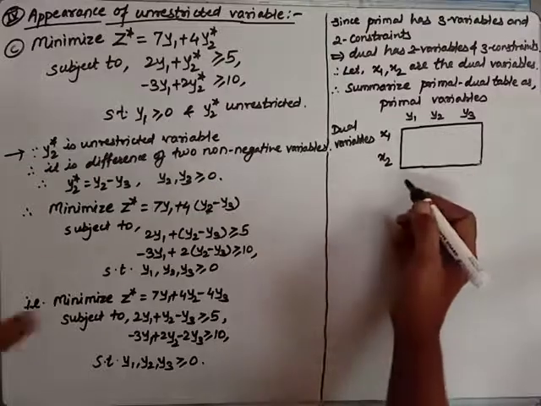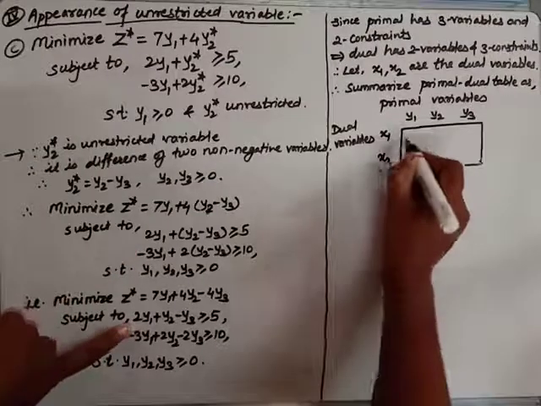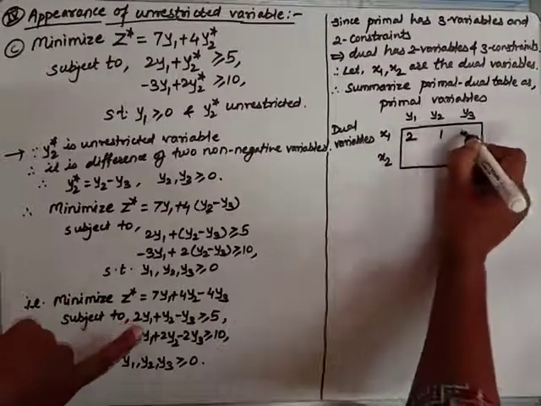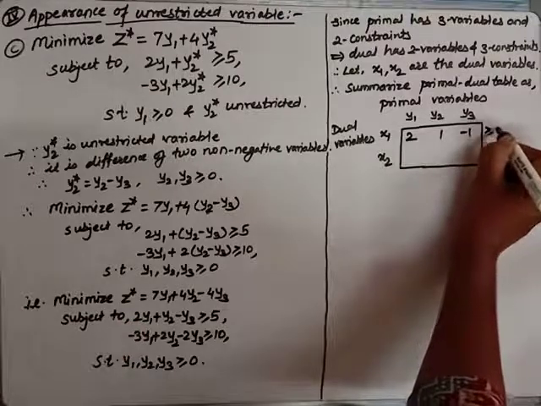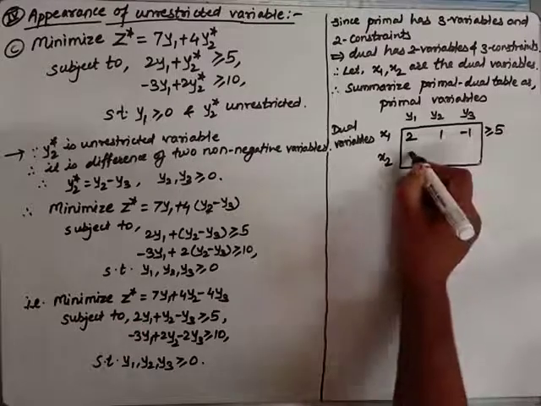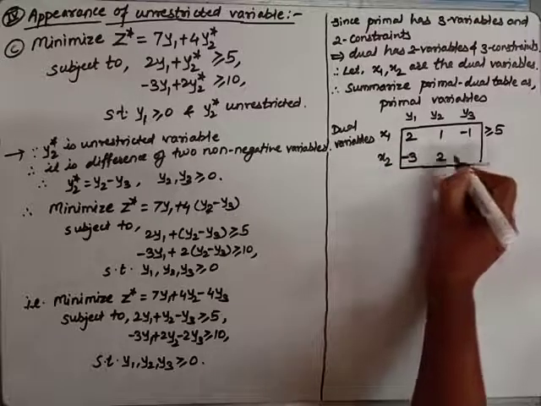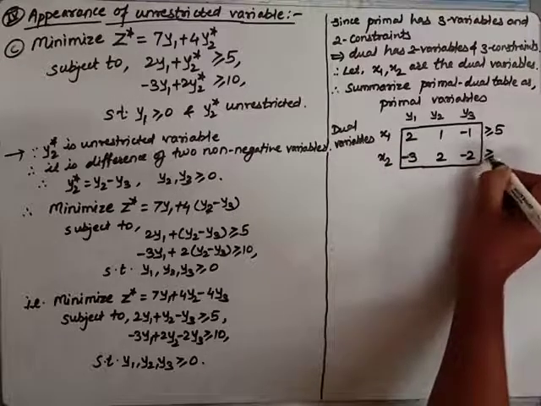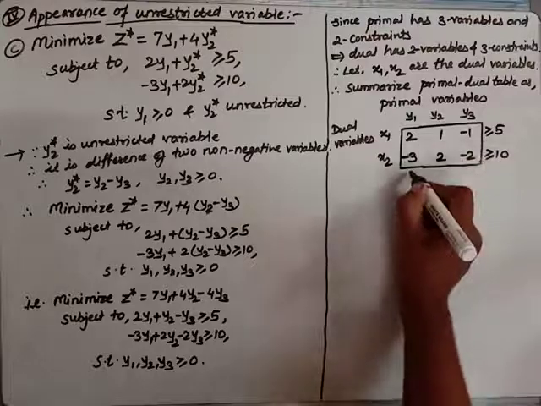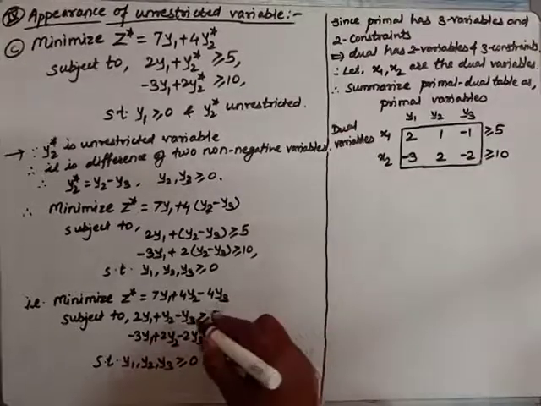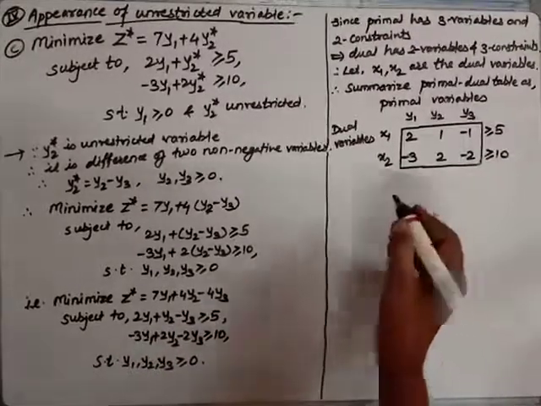So here we get 2, 1, minus 1 greater equal 5. Here minus 3, 2, minus 2 greater equal 10. Now here greater equal type, so in dual they will be less equal type.